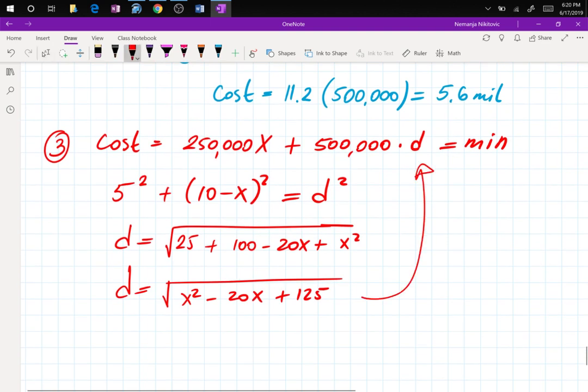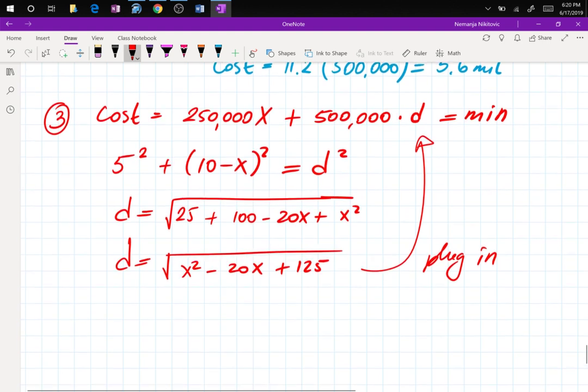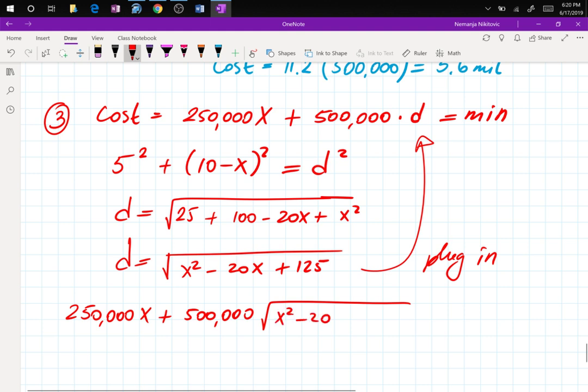We plug that in the cost equation, which is our objective equation, to get 250,000 x plus 500,000 times the square root of x squared minus 20x plus 125 is equal to a minimum.